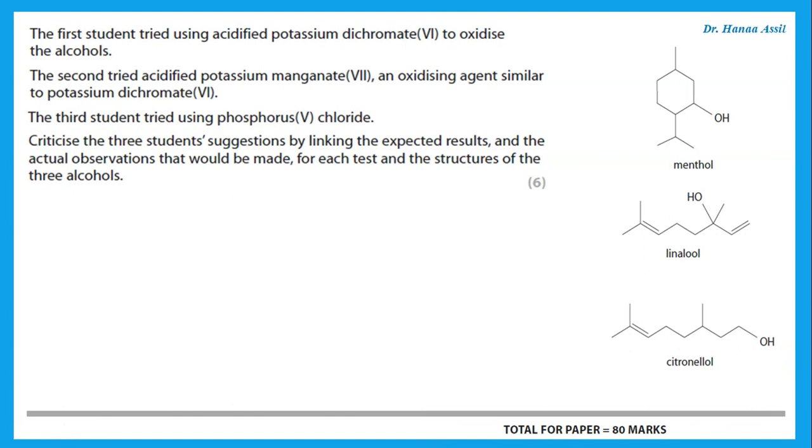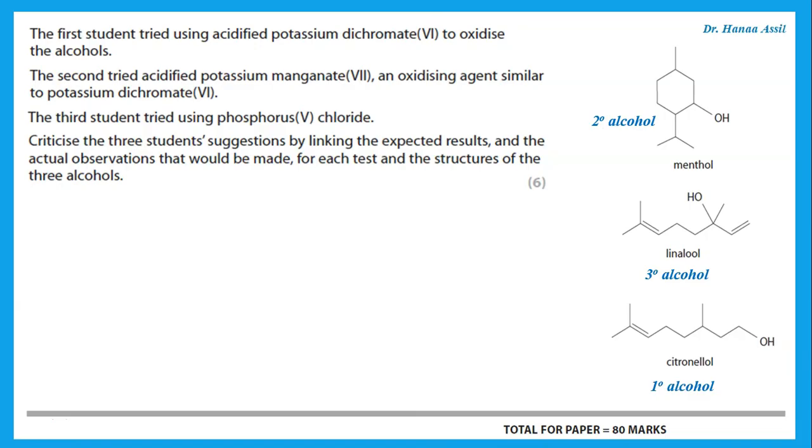Now, what is the difference between the 3 alcohols? Well, menthol, you should realize, is what type of alcohol? It's a secondary. Linalol is a tertiary, and citronellol is a primary alcohol. So, which of these tests will work with all 3?